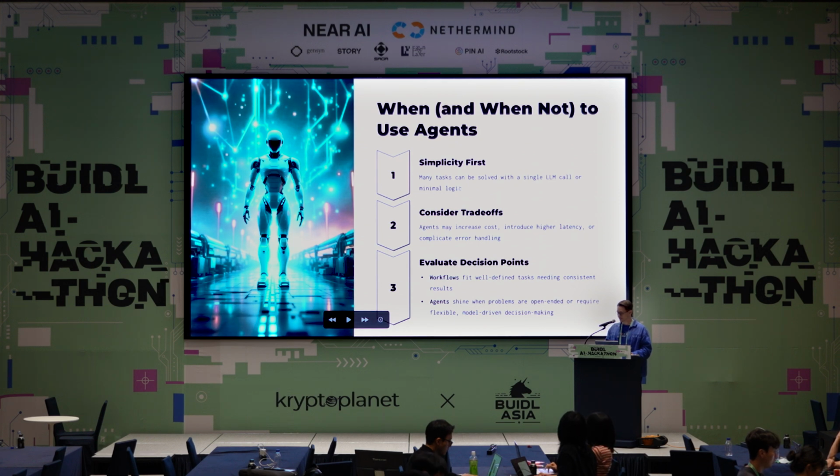So simplicity first: you should rather try the workflow and check whether you are satisfied or actually need these agentic capabilities. But with agentic capabilities, you have to assume that the cost will increase, because each LLM iteration, of which you will have a lot, will cost something and also introduce latency, and the debugging will be harder.